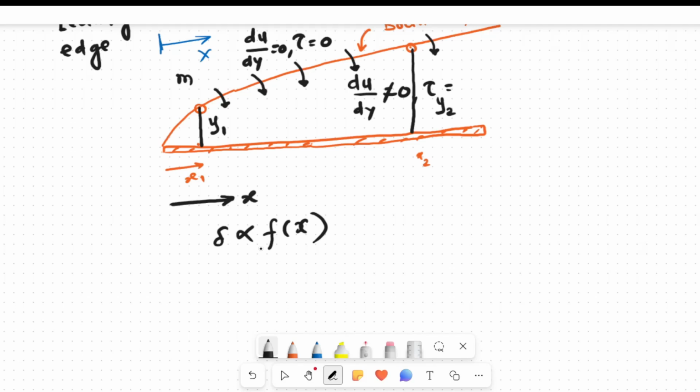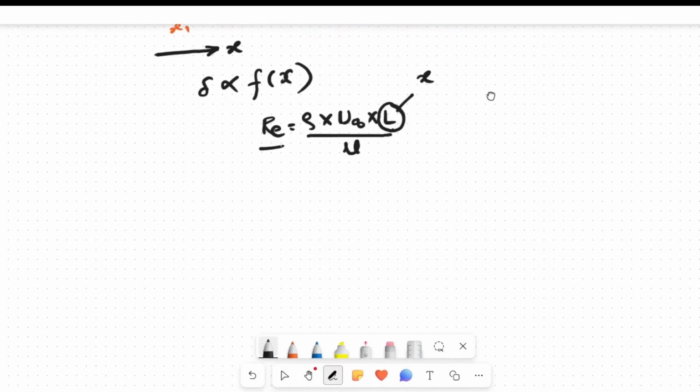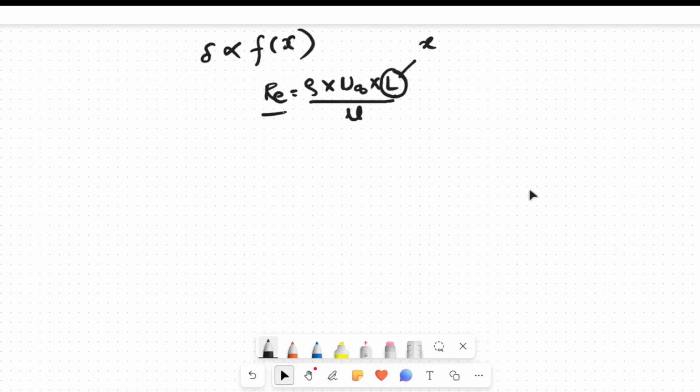So Reynolds number for flow over a flat plate is equal to density into the free stream velocity into the value of L divided by mu. So Reynolds number is changing with respect to the value of L, and L is nothing but the value of x. So as the x value is changing, the value of Reynolds number is increasing.